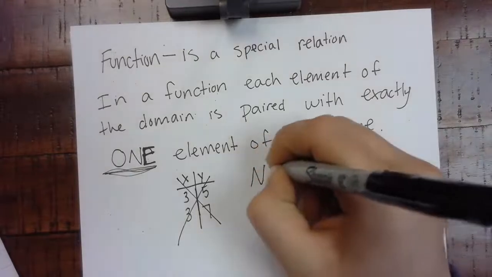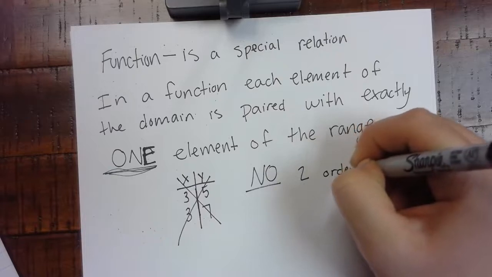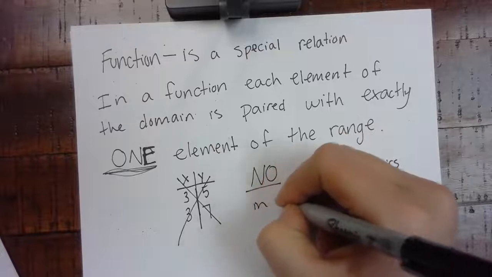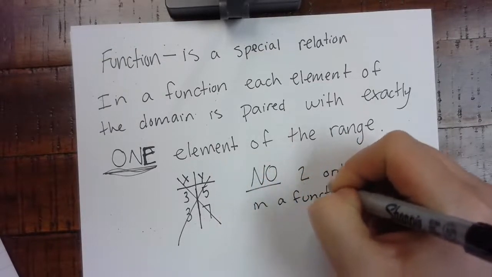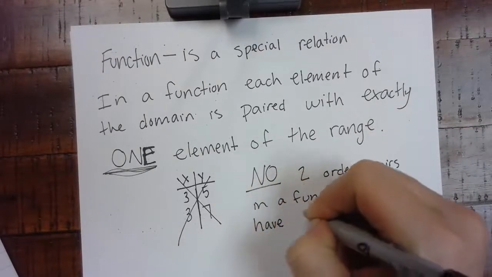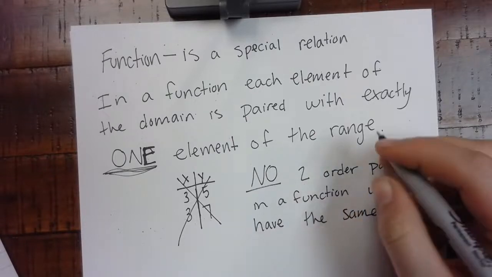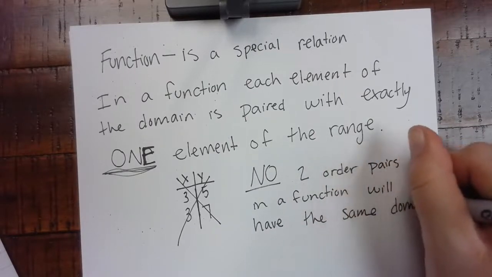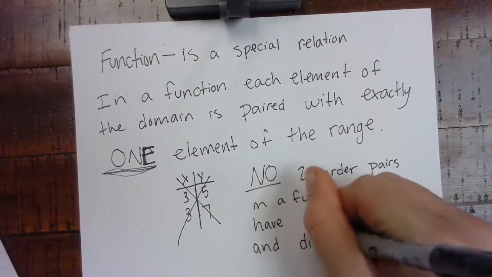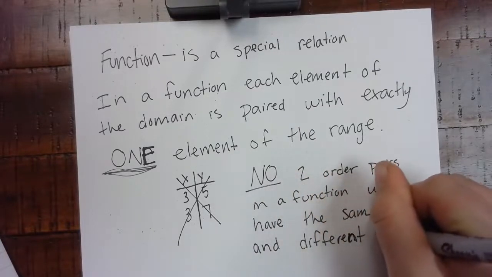So, no 2 ordered pairs in a function will have the same domain in different ranges.